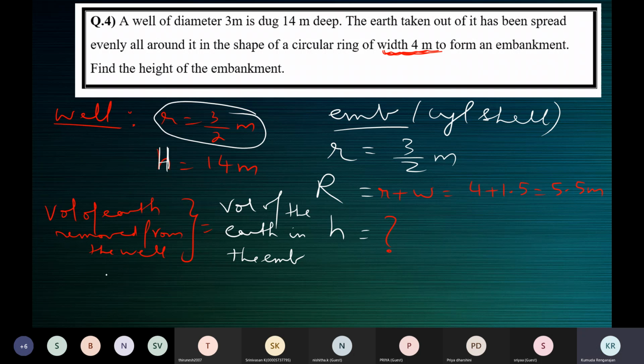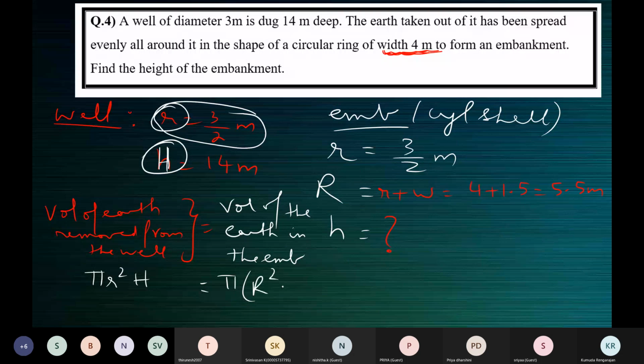So what is the volume of the earth removed from the well? Pi r square h, because for the well we use r and h like this. It is equal to, as the embankment is a cylindrical shell, pi into capital R square minus small r square into h.